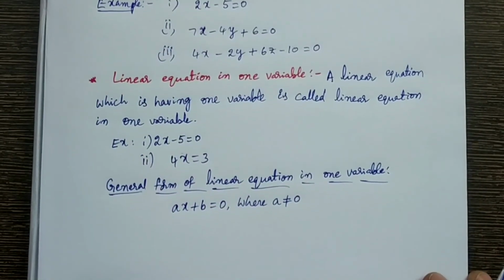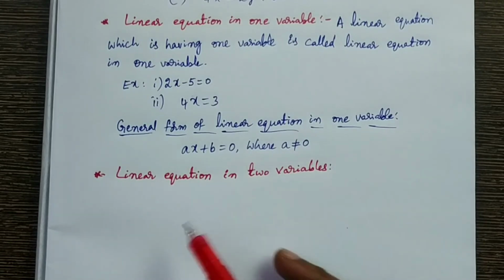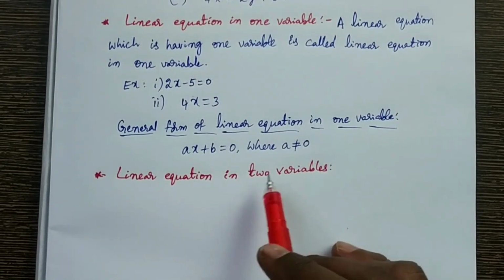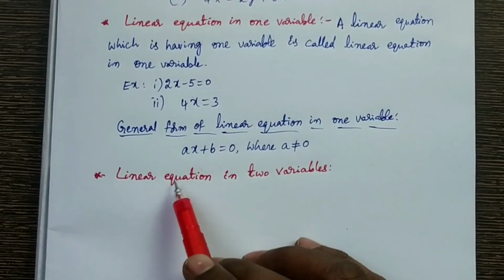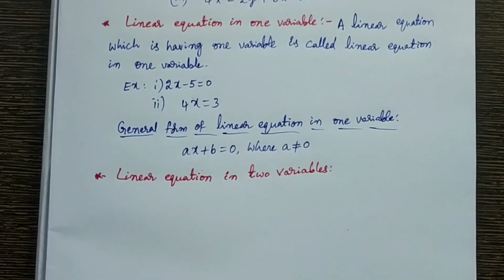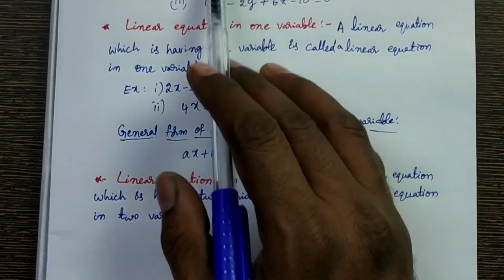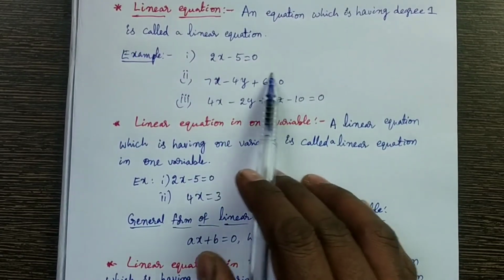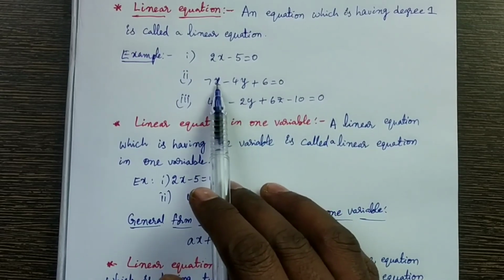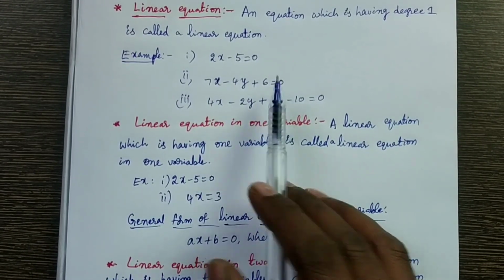Next, linear equations in two variables. What is meant by a linear equation in two variables? A linear equation which is having two variables is called a linear equation in two variables. Example, observe the above examples. Here this is a linear equation. Here two variables are there, x and y. So this is an example of a linear equation in two variables.